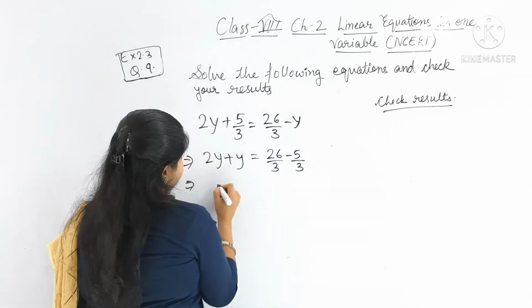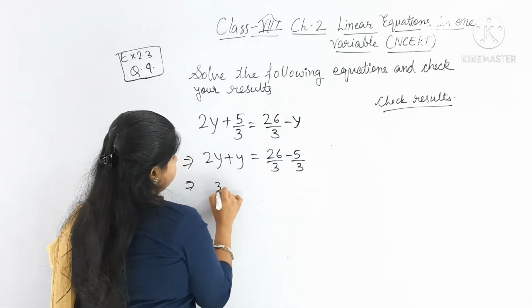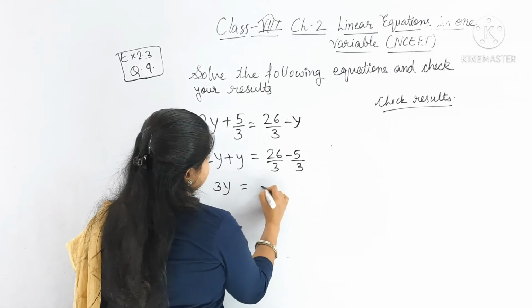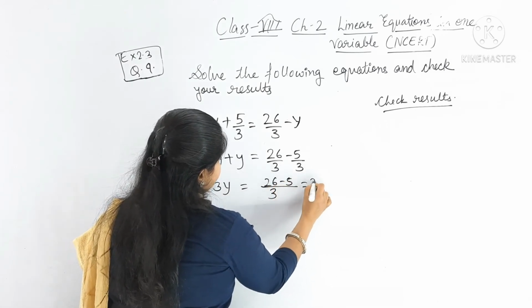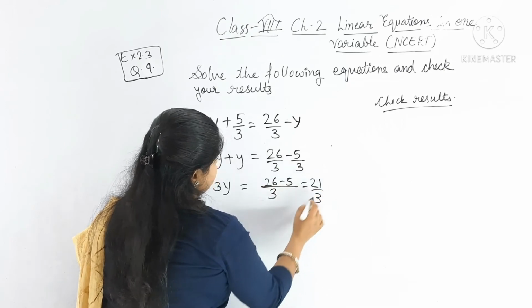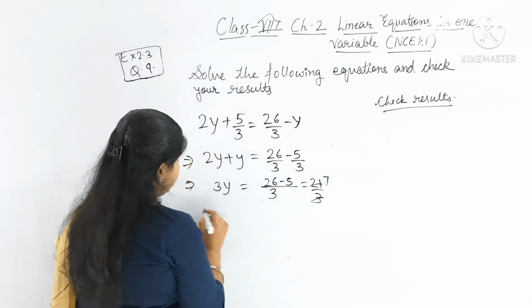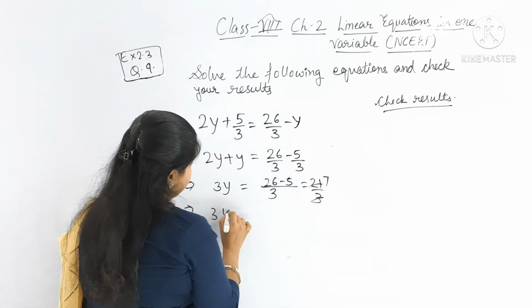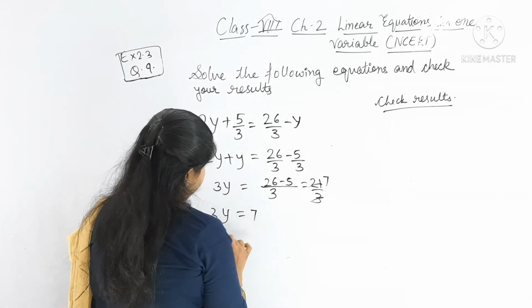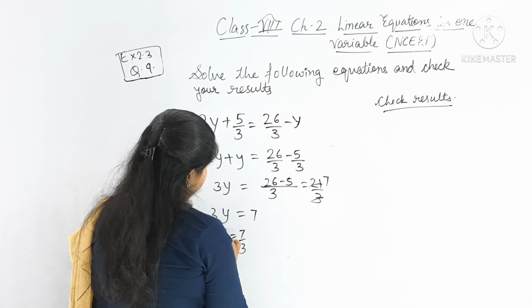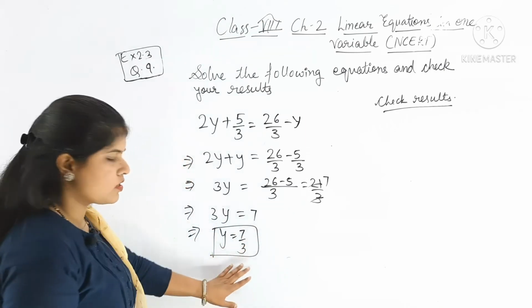So 2y plus y is 3y equal to, 3 is LCM, 26 minus 5 equal to 21 by 3. So 3 ones are 3, 3 sevens are 21. So I am getting 3y equal to 7, y is equal to 7 by 3. What I am getting? y is equal to 7 by 3.